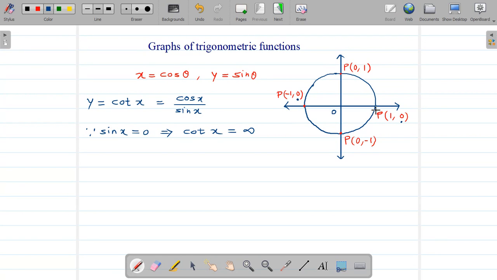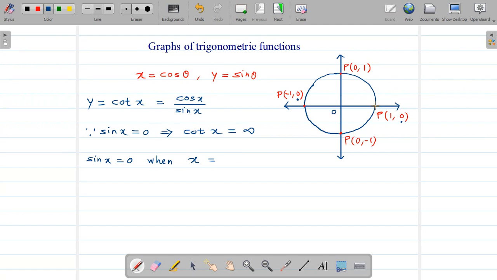So whenever the point P is on the x-axis, the y coordinate is always 0, and in that case sin x is equal to 0. Let us discuss when, for which angle x.